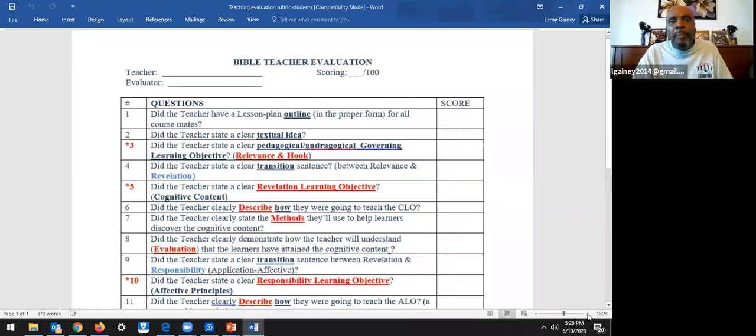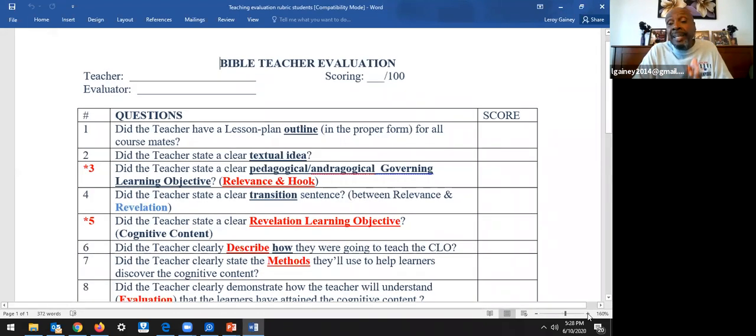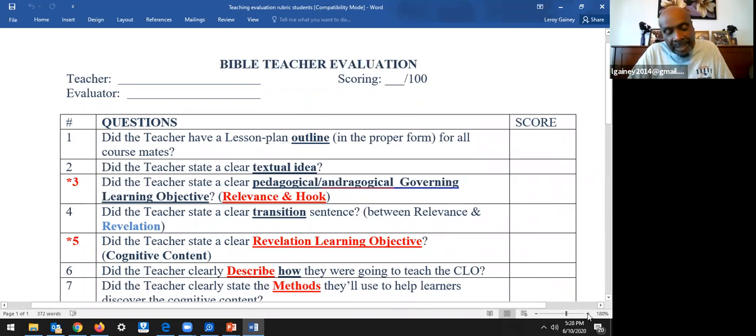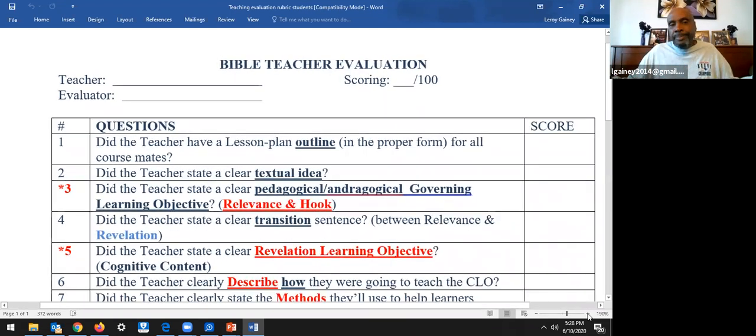All right, so this is basically the evaluation that I'm going to be using with you. Now, again, for some of you, you're ready. Some of you, obviously, you're not. And so we're not going to rush you into your practicum. But a part of teaching, because teaching is a skill, we have to have your practice.